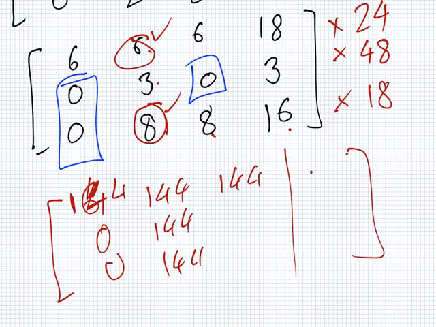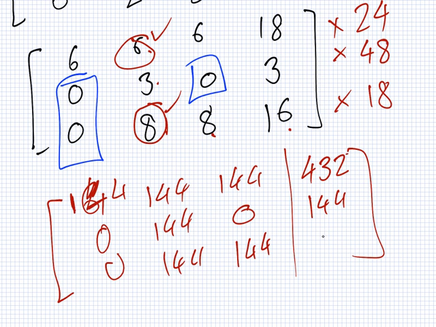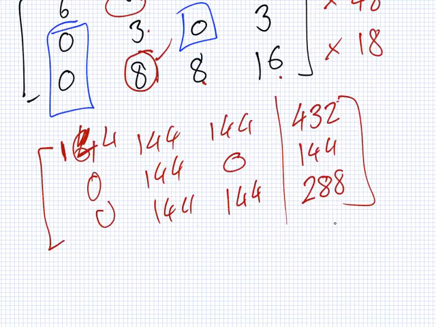This is a big number. 432. That's still a 0, and that's 144. That's 0. That's 144. That's 144. And this last one? 288. Great.